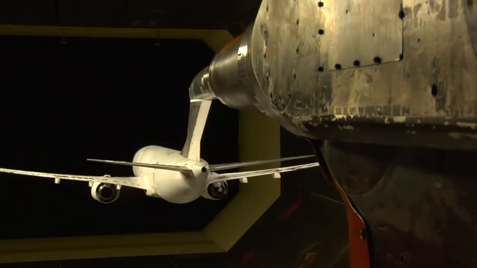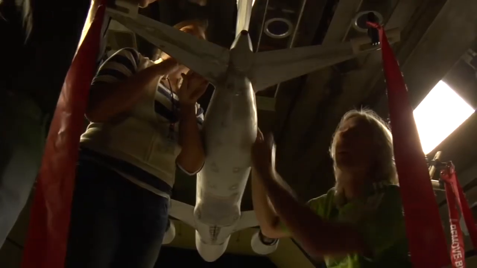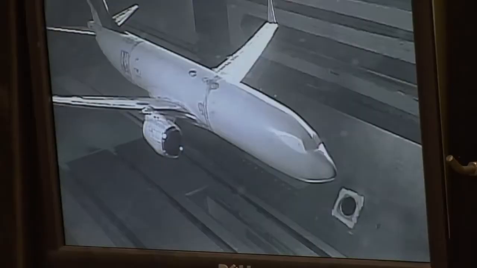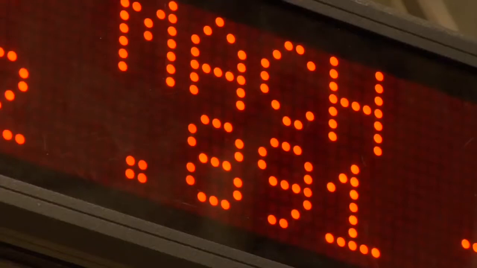This is where an exact scale replica of the MAX is put through a battery of tests, mimicking flight at cruising speed. From perfect dimensions. You saw these guys check the model, and the slightest roughness in the wrong place, they'll have it fixed and make sure it's exact. To pinpoint measurements. If you got out of the shower and your hair wasn't dry and you stood on a scale, we can measure your weight change as your hair dries. I mean, we're in extreme precision. This lab makes for the most accurate results possible.